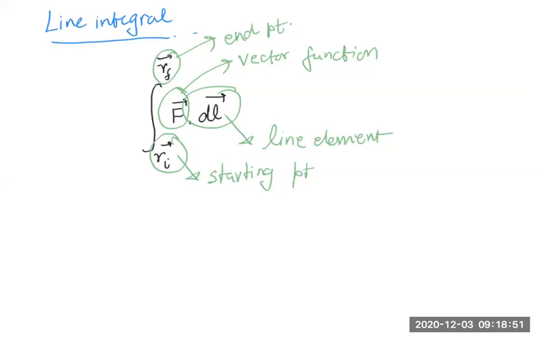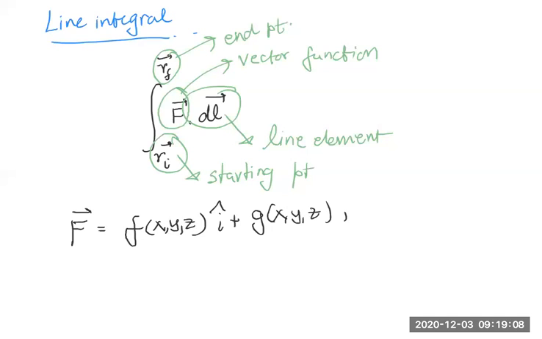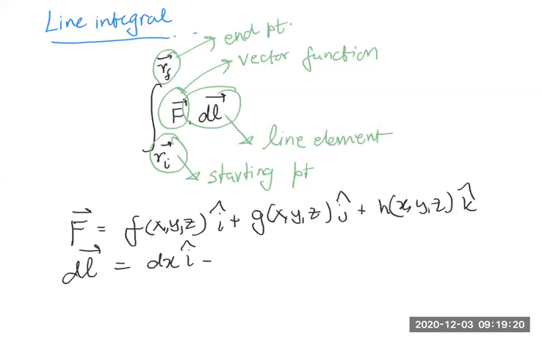Just to remind you, a vector function is nothing but a function of the coordinates i cap plus some other function of the coordinates j cap plus some other function of the coordinates k cap, and the line element is always dx i cap plus dy j cap plus dz k cap.